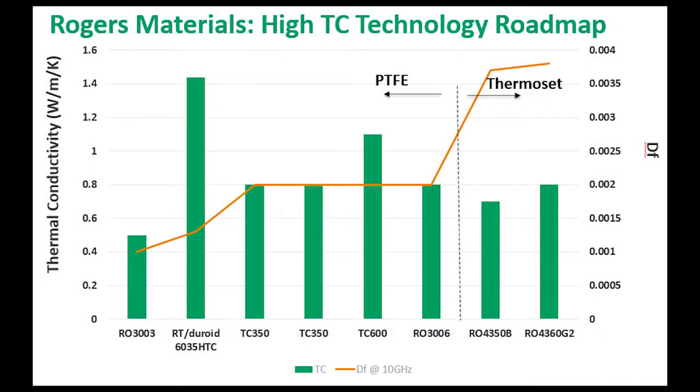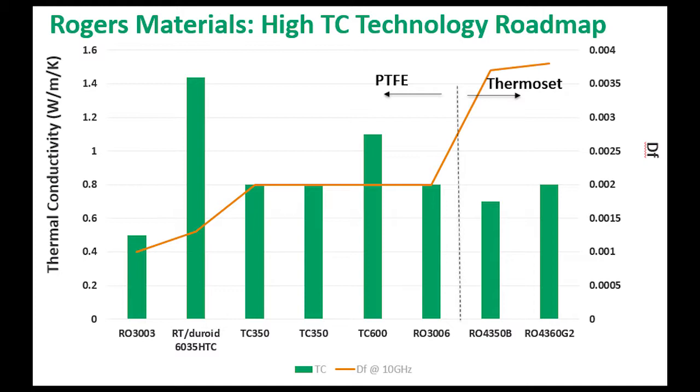On the left, we have the materials that are PTFE based, and on the right we have those that are thermoset based. PTFE materials, RO3003 and RT/duroid 6035HTC, are materials that are pure PTFE and ceramic. As we showed in data before, the RT/duroid 6035HTC is the material with the highest thermal conductivity of the products offered by Rogers.